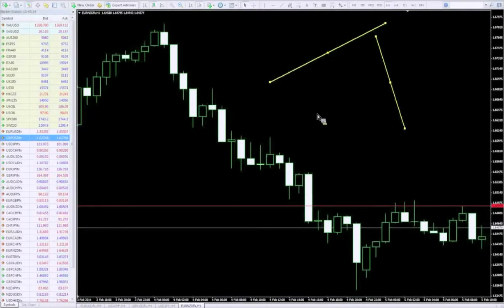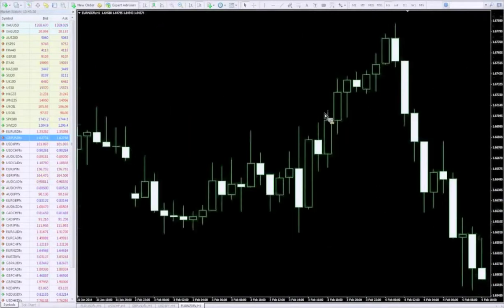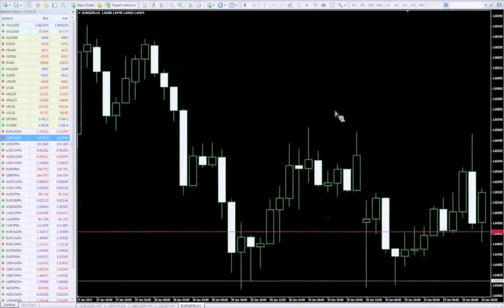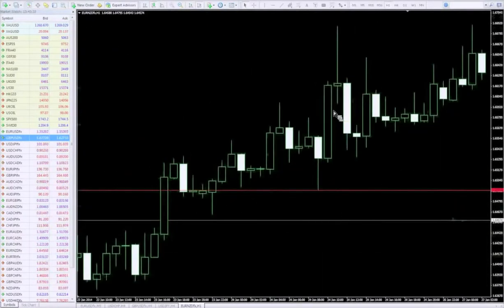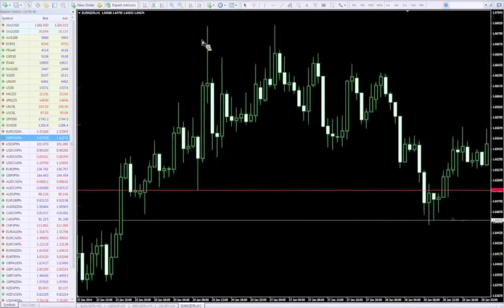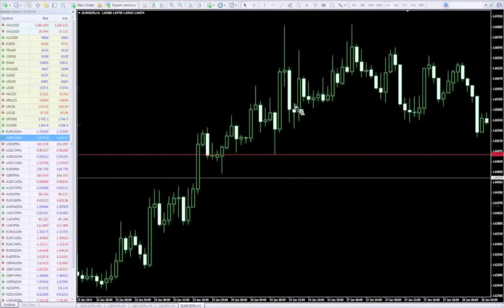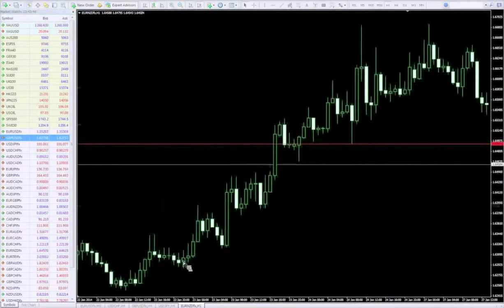What we're trying to do is learn how to spot as many consistent, repeatable patterns as possible and then take advantage of it. Okay? In an uptrend, let me just see if I can find a decent uptrend. Okay, this is not ideal, but I'll use it for the moment. As you can see, in an uptrend, we have very much the same thing, just upside down.